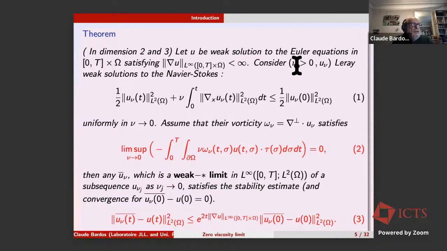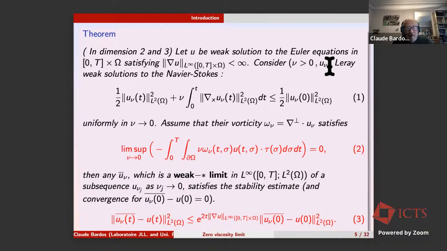You consider a solution of the Euler equation which is regular enough. Regular enough means that it is Lipschitz, that the gradient for some finite time from 0 to T is less than infinity. Consider a viscosity which is positive, and a solution of the Navier-Stokes equation.